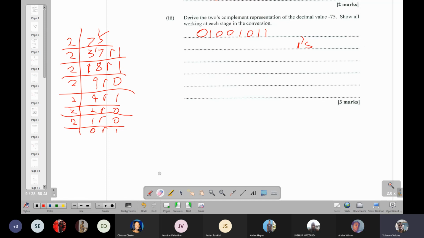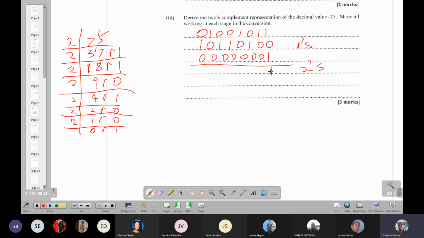Sorry, I made a mistake there. It is 1, 0, 1, 1, 0, 1, 0, 0. So we flip the bits so that we get the 1's complement. And then we add 0, 0, 0, 0, 0, 0, 0, 1, and this will give us our 2's complement.